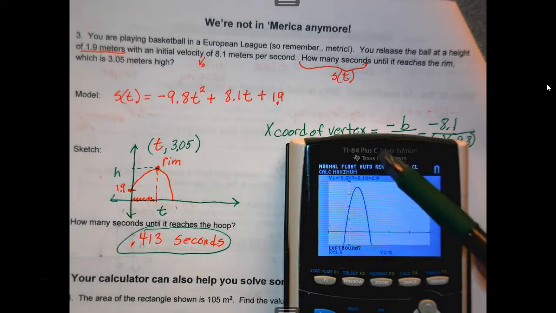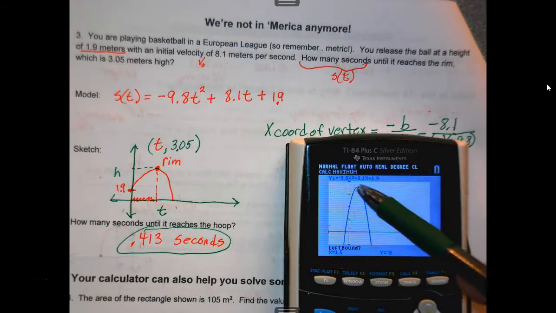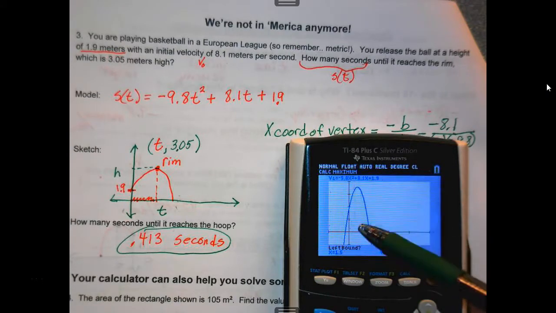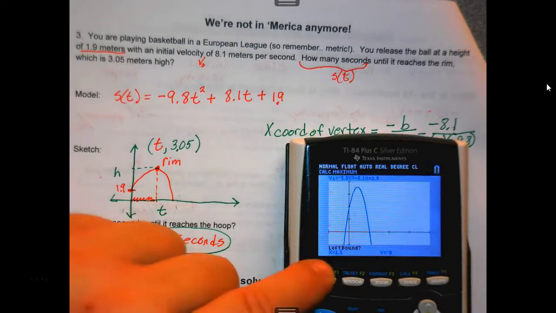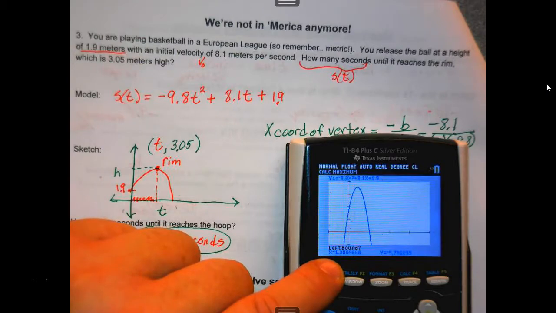Or, I'm sorry, we're looking for the maximum. So my x needs to be less than 1/2. So I'm going to watch it here as I use my left key, see how that's getting smaller and smaller and smaller. And there's my cursor. Okay, I want it to at least be under 1/2.